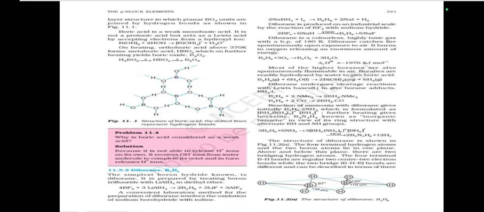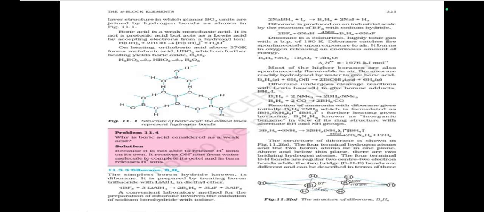bases to give borane adducts BH3·L. The reaction of ammonia with diborane gives initially B2H6·2NH3, which is formulated as [BH2(NH3)2]+[BH4]-.